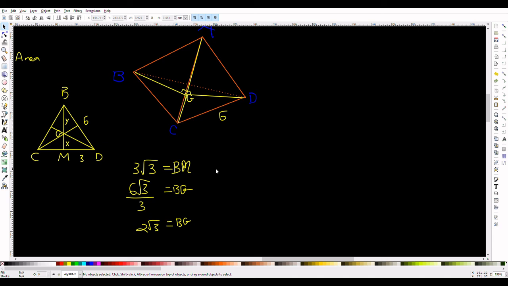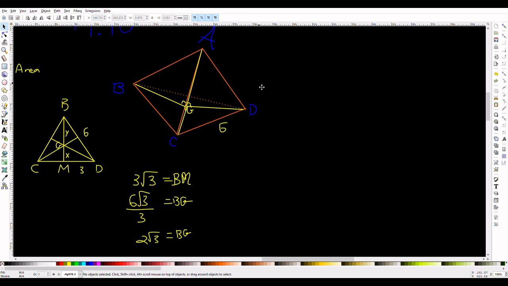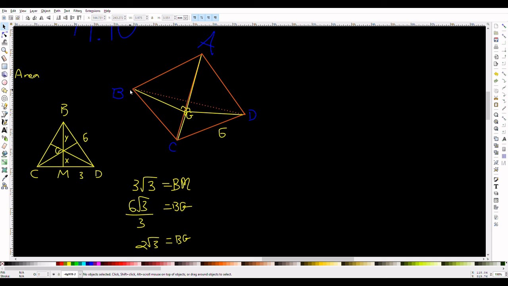Now that we know what BG is, we can find AG. That's the altitude of our polyhedron. We have a right triangle, BGA. We have one side, which is 6.